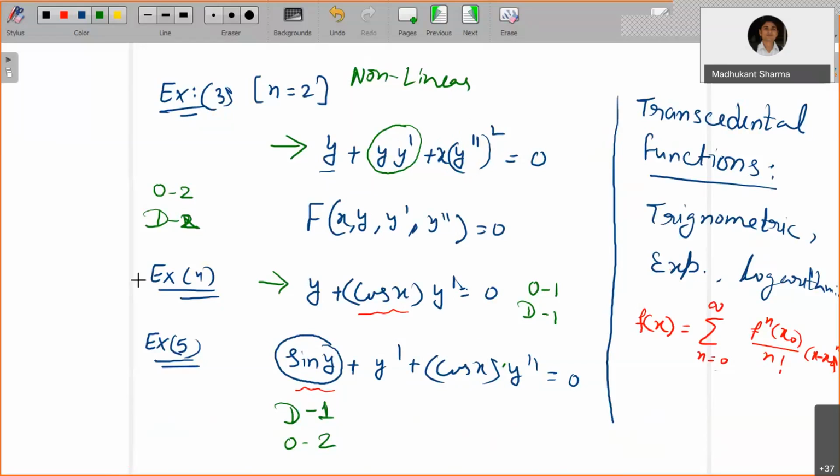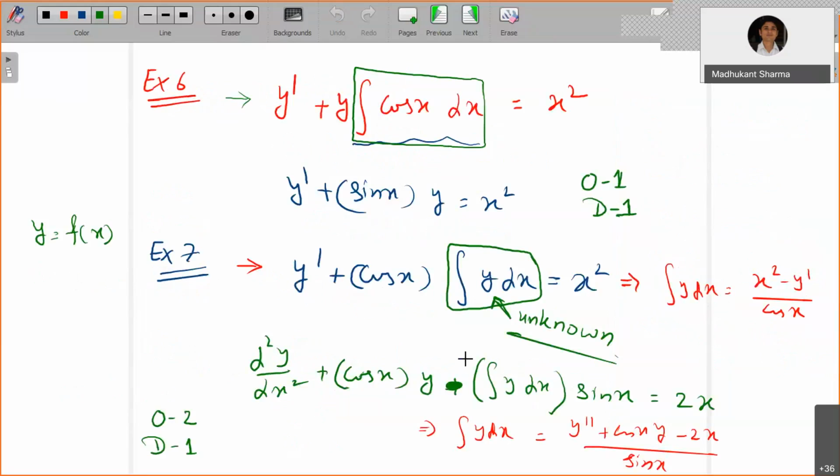Now in this case, example 4, the derivative y dash terms are of degree 1, no product, no transcendental, so linear. Here, a transcendental function of y is present in the first term itself, so it's non-linear. I can certainly say from here itself, non-linear. Maybe other terms may satisfy the other conditions, but the first term is not satisfying, so it will tell you that it's non-linear.